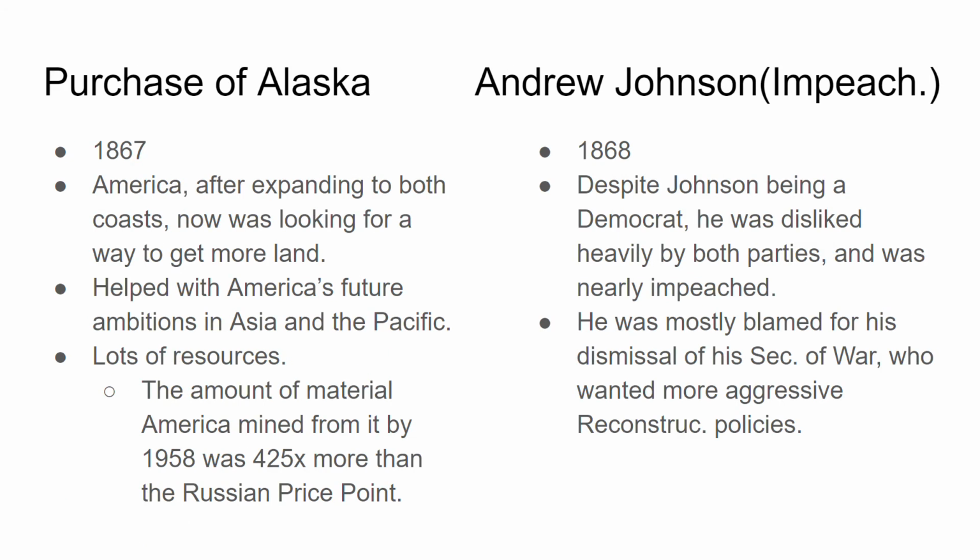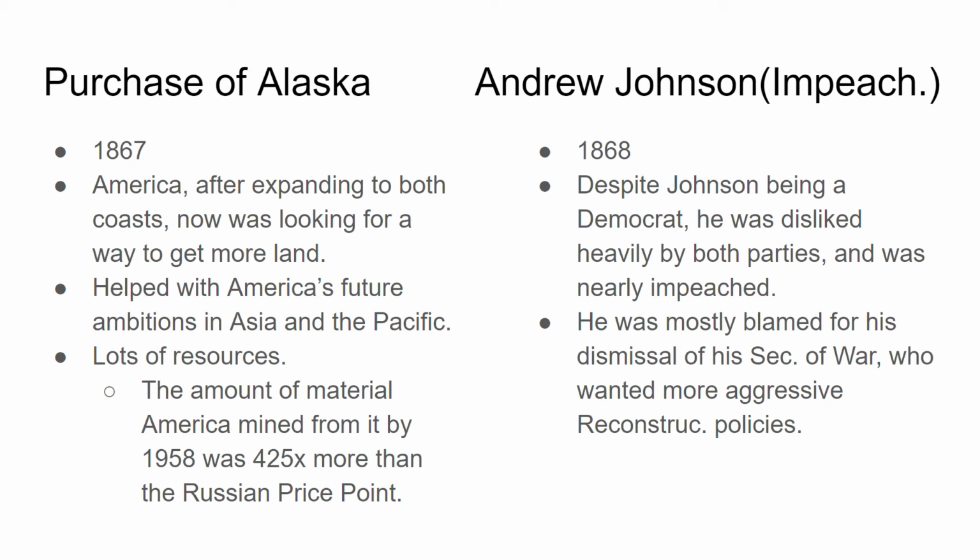I mentioned that. We have the purchase of Alaska, and we're going away from the topic of Reconstruction right now. Andrew Johnson, though, even though these are in Reconstruction, the purchase of Alaska has more to do with period 6 and the Gilded Age and imperialism rather than Reconstruction.